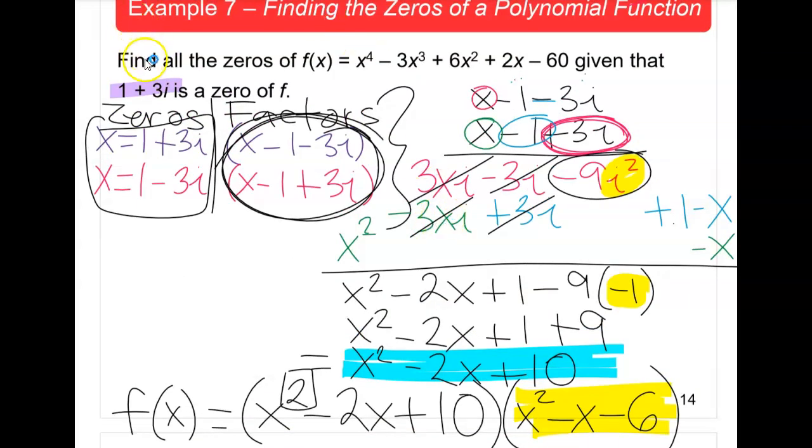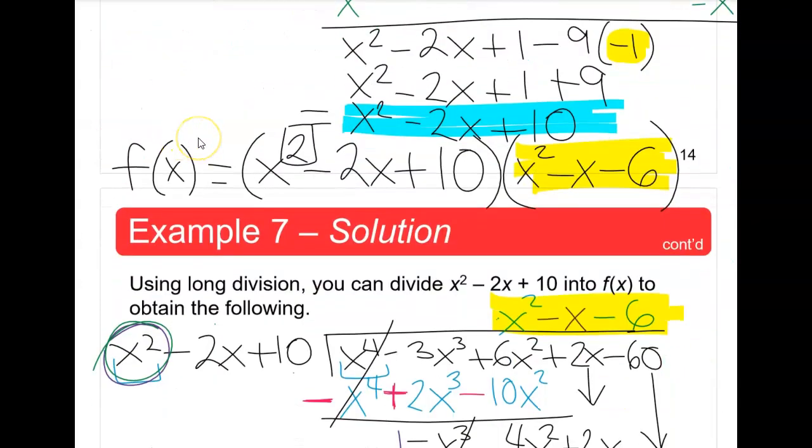The question said find all the zeros. We already found 2 of those zeros. The degree of the polynomial is 4. So we need 2 more zeros, and those zeros will come from this polynomial here.